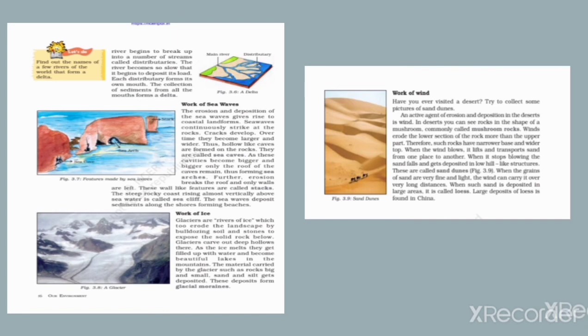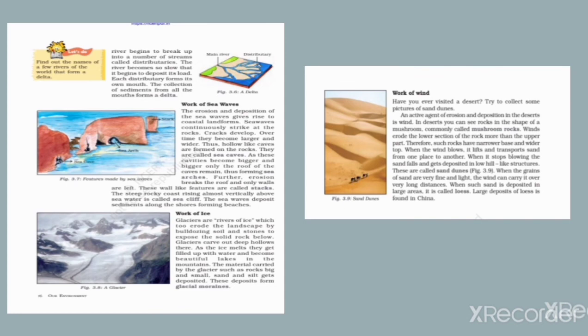Now, let's read about the work of ice. What do they do? Glaciers are nothing but rivers of ice. We know that. And they erode the landscape by bulldozing soil and stones to expose the solid rock below.